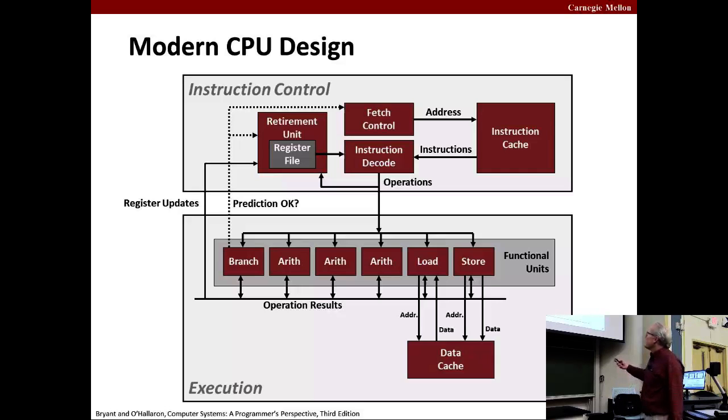And then there's a set of functional units in this part of it that are able to perform these low-level operations, to do arithmetic, floating point operations, to read data from memory, to store data back to memory, all using a cache, which is something you're going to learn about fairly soon, what all this cache is. But think of this as a high-speed copy of some of the data memory.